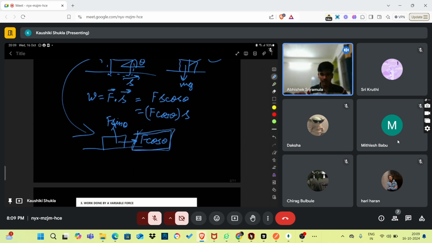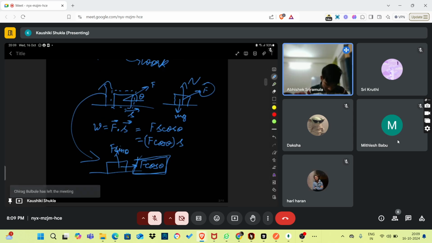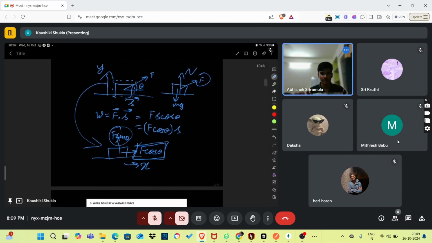F cos theta is what is causing the displacement in the x direction, and F sin theta is the component in the vertical, y direction. I hope it is understood till now.